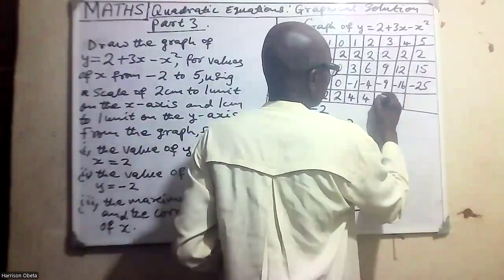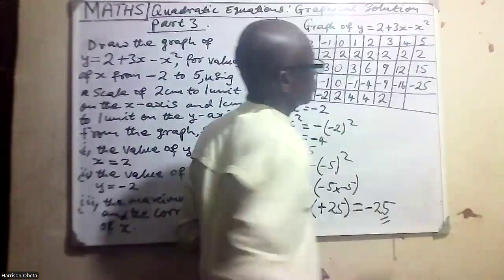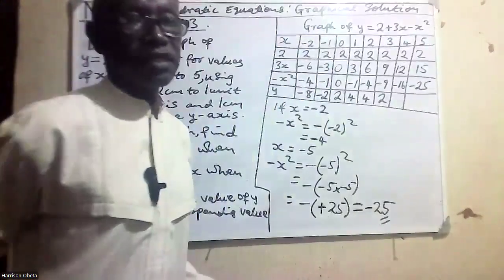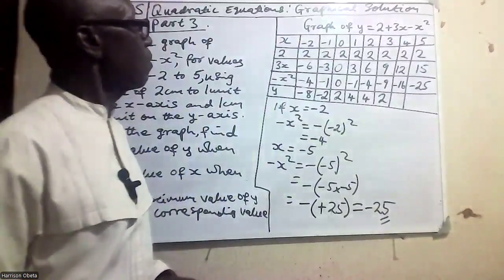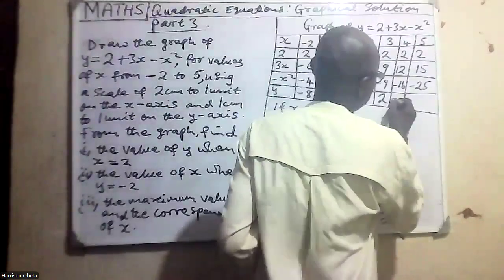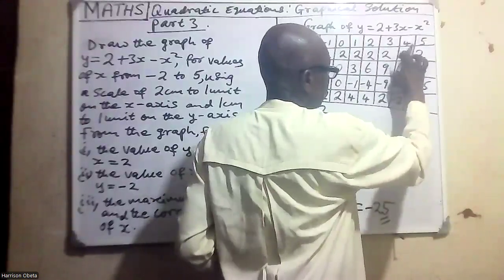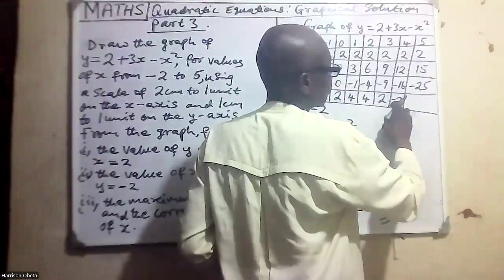So what we are going to have here is 2. Then 12 plus 2 is 14. Remove 14 from 16. That will still remain minus 2. That is 14 positive minus 16 is minus 2.